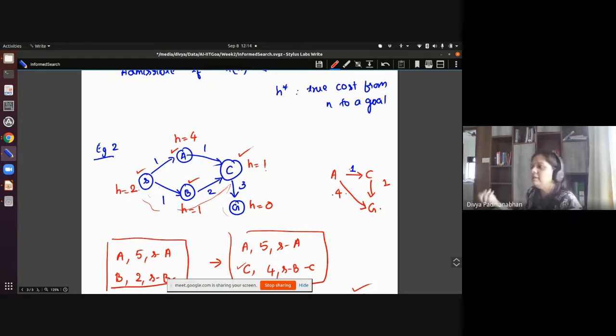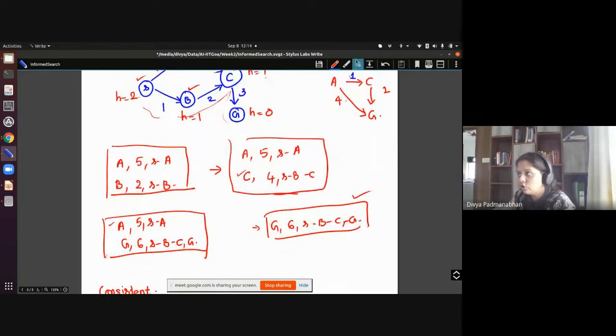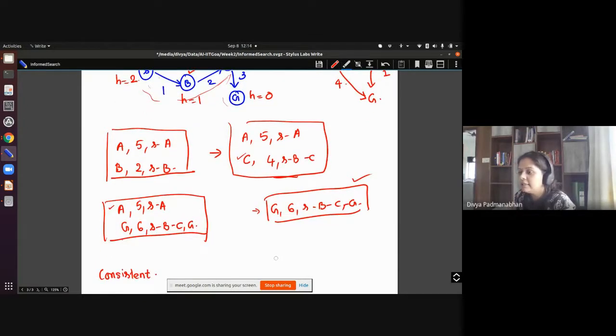It's as though your heuristic is saying that the cost of getting to G from A is 4. But here you see that there is a shorter cost if you go from A to C and C to G. As per the heuristic itself, it's not consistent, right? So this is the issue with this heuristic. So what you want is consistency. So I'll just write here: in this example, consistency doesn't hold.